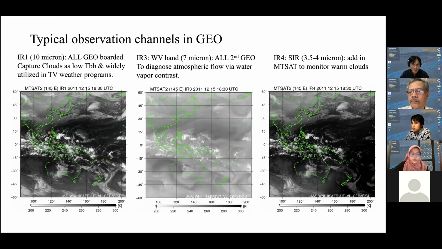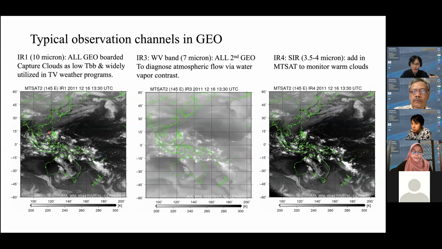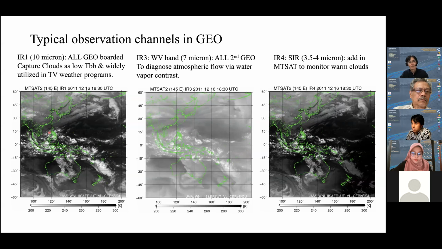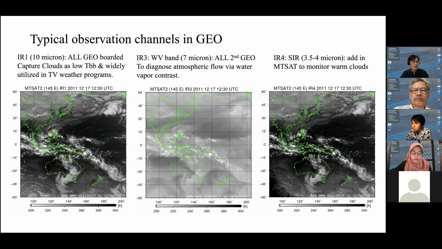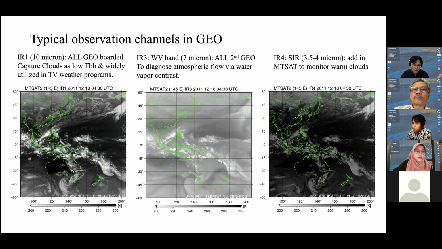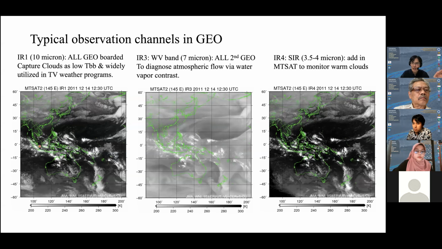So diurnal variability of the cloud is a dominant factor around Indonesia and the tropical regions. Here you can see relatively low temperatures observed. This represents the cloud activities.